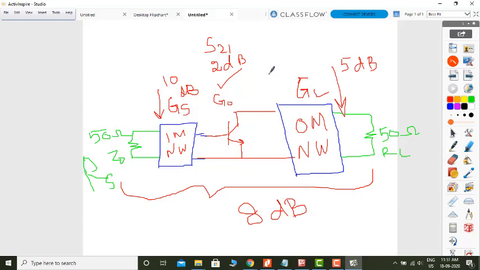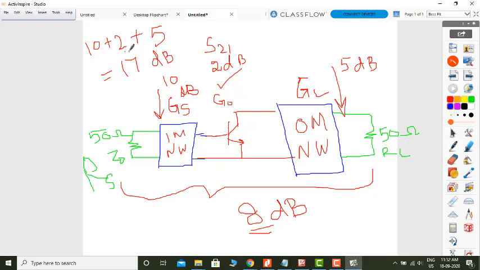The maximum gain obtainable from this system will be 10 dB plus the device's 2 dB plus the output matching network's 5 dB. So the total gain will be 10 plus 2 plus 5, 17 dB. But how much do we need? Only 8 dB. So we need an amplifier with a gain of 8 dB only.